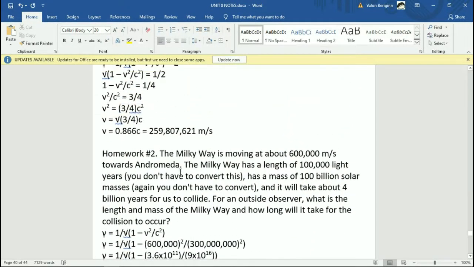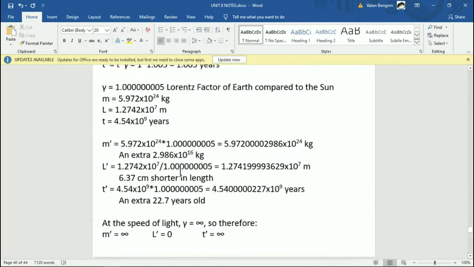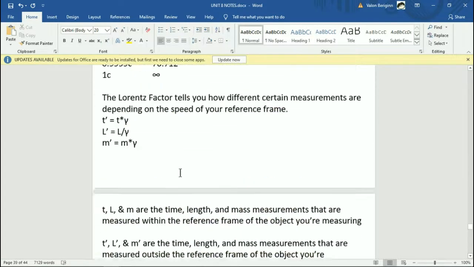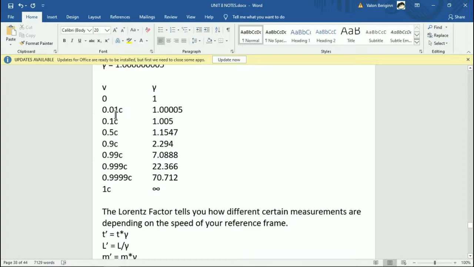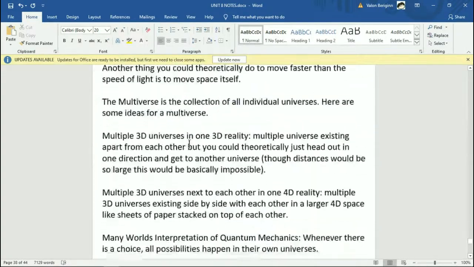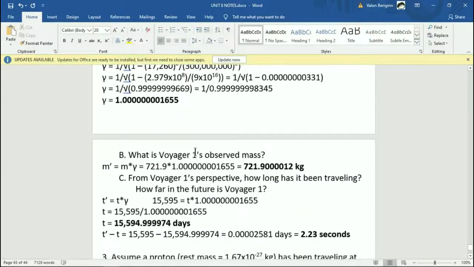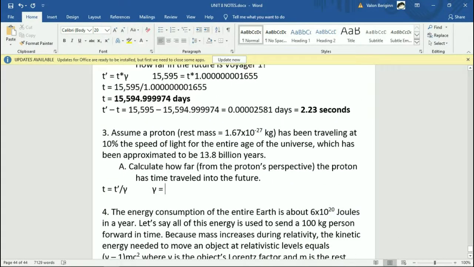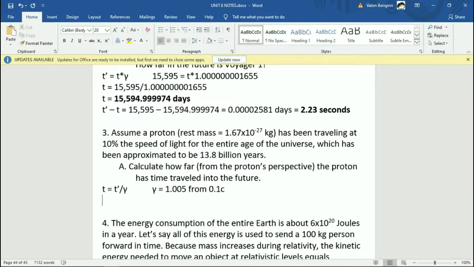Where is it? That's the homework. Where's the thing I made? Here we go. 10% speed of light. Okay, 1.005, from 0.1c, so 10% the speed of light. So what's our time?